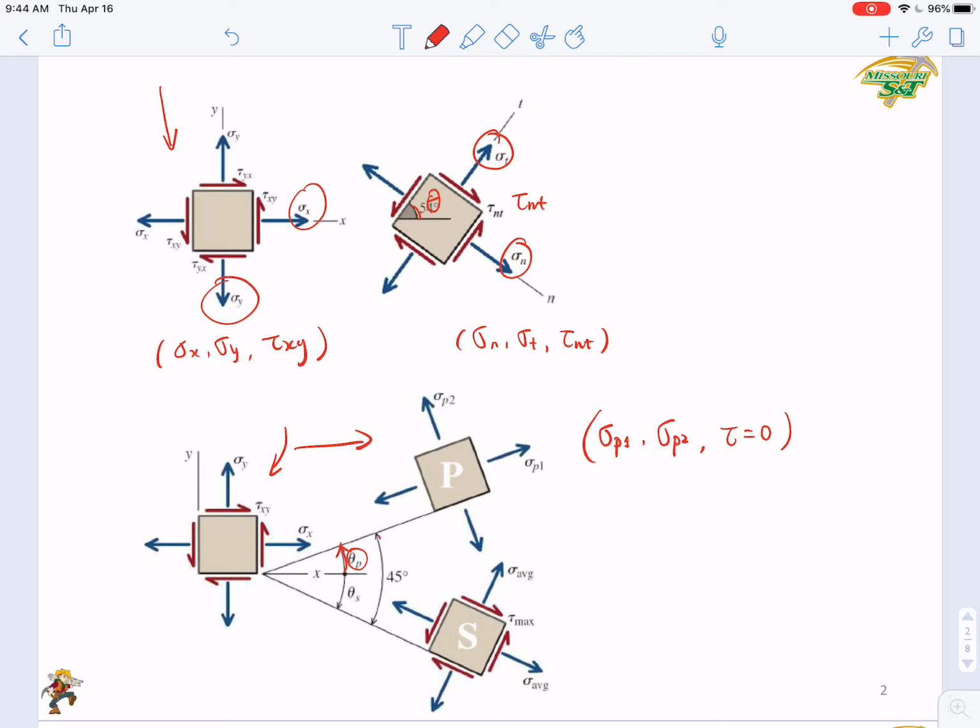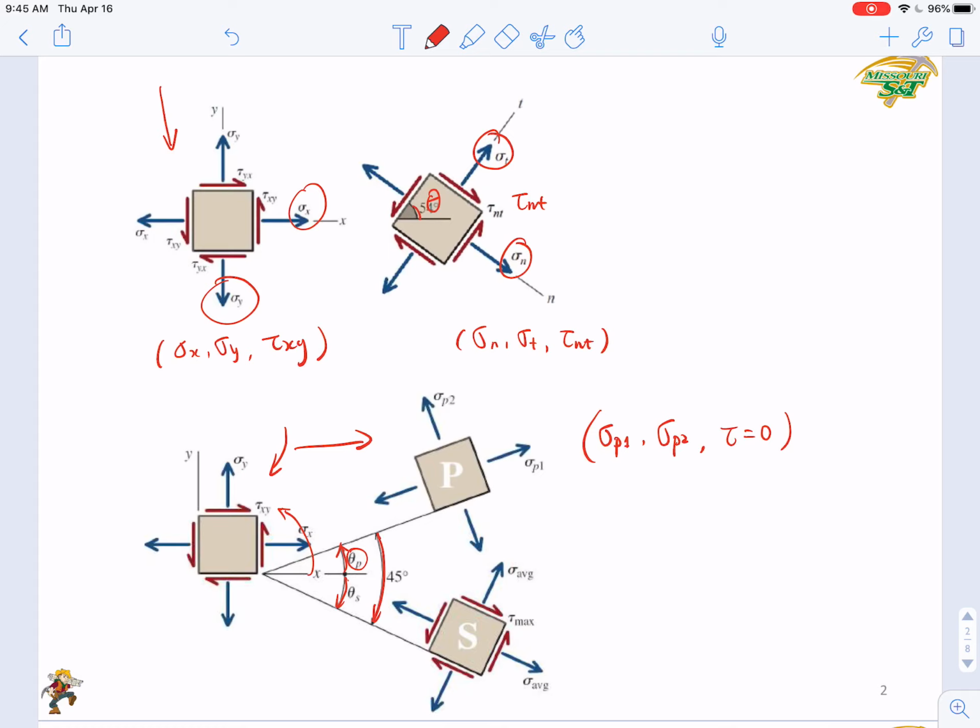Okay, this is from the original status to the opposite direction by theta s equals theta p minus 45 degrees, or theta p plus 45 degrees to that direction. Okay.